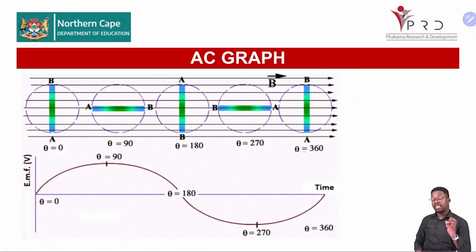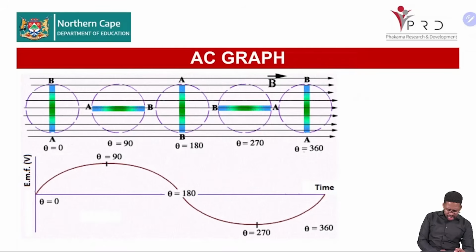But now what is important is the position of the coil. Because the position of the coil tells you where your graph would start, from a minimum value or from a maximum value. So if your coil is perpendicular to the magnetic field lines, then we are going to have zero magnetic flux, zero EMF produced, zero current produced.